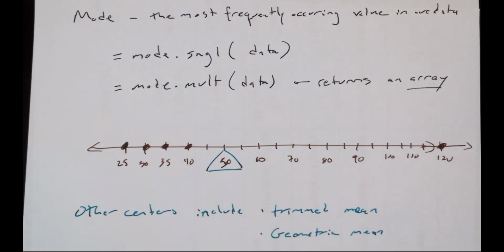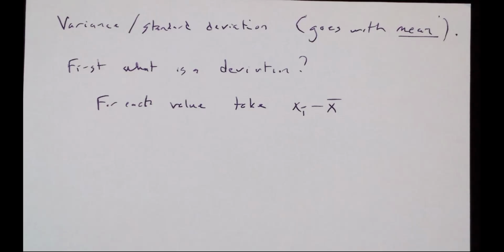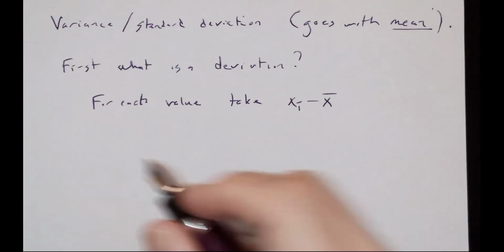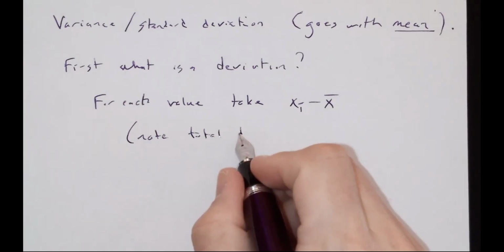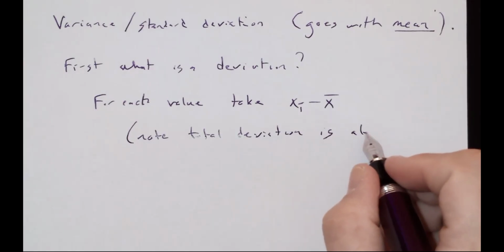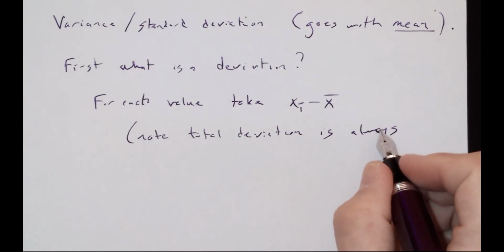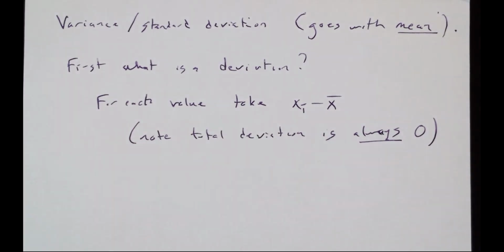The total of all of the deviations is 0. Always. If I've computed my average correctly, then my total deviation is always 0.